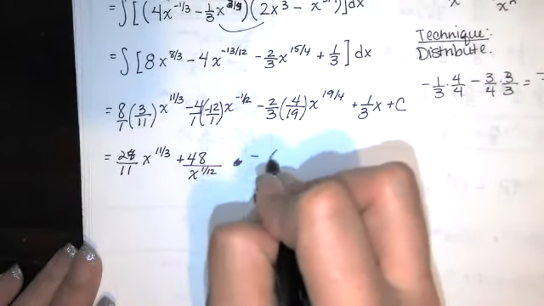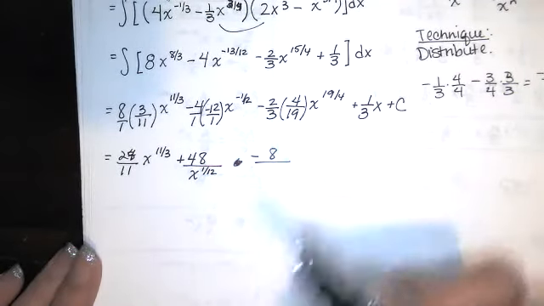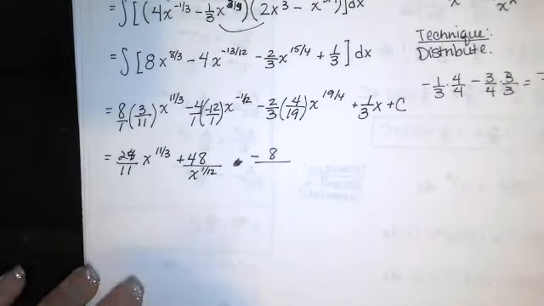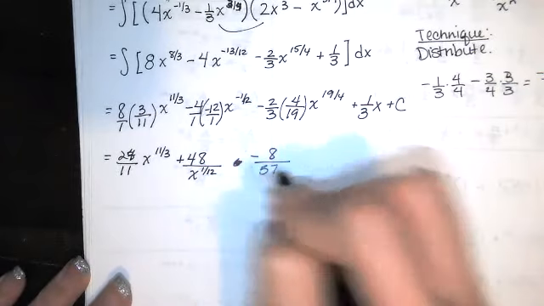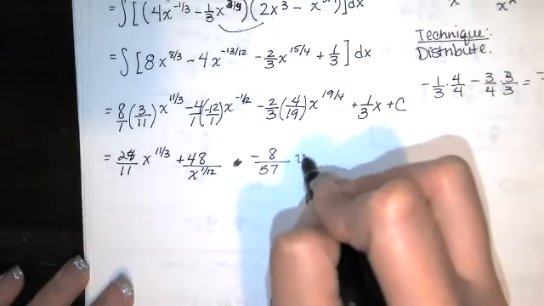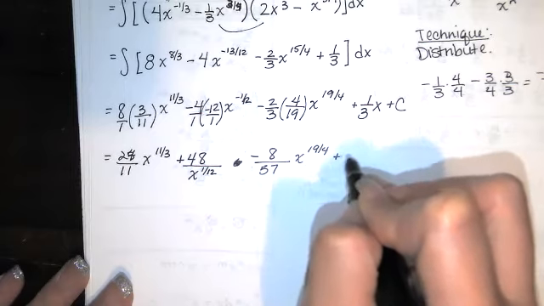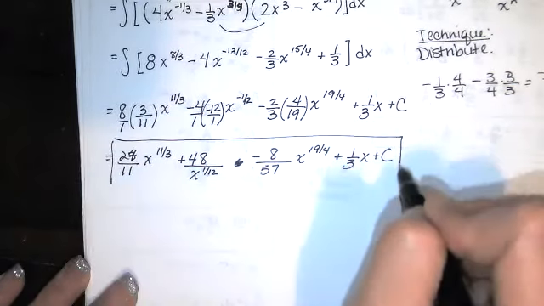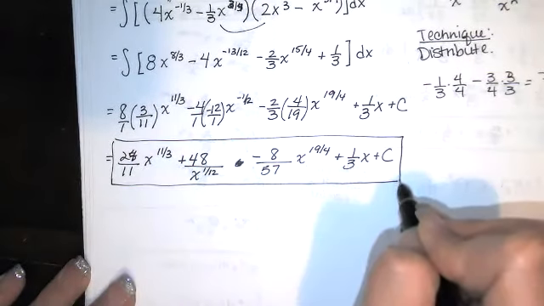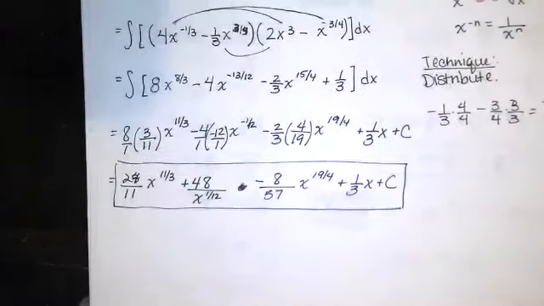Oops, it's a minus. 8 over, well, 3 times 20 would be 60. It's got to be 3 less than that, so 57. Okay. So we've got that. So, ooh, that's a beast.